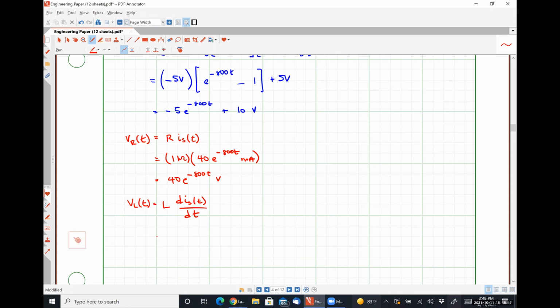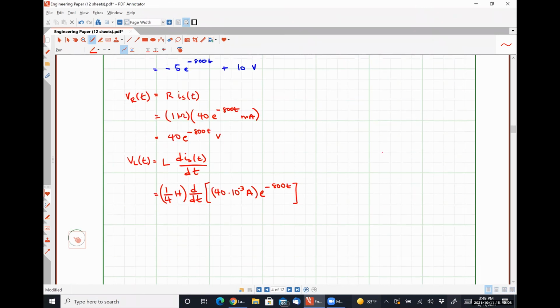So for us, that's going to look like 1/4 of a Henry times the derivative of 40 times 10 to the minus 3 amps, e to the minus 800t, like so.